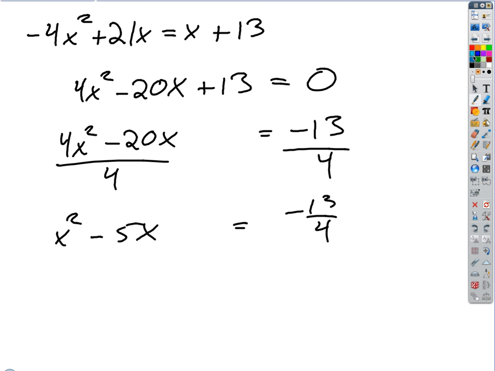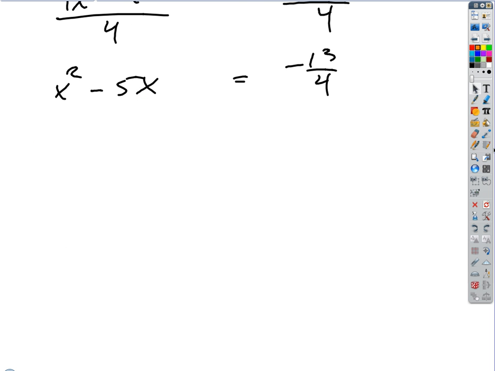We could think of this as just factoring out a 4. And what are we left with if we do that? X squared minus 5x, and then we would just be dividing both sides by 4 to get rid of that. Same exact thing. I think there are fewer steps to show if you do it this way, but you can do it either way.